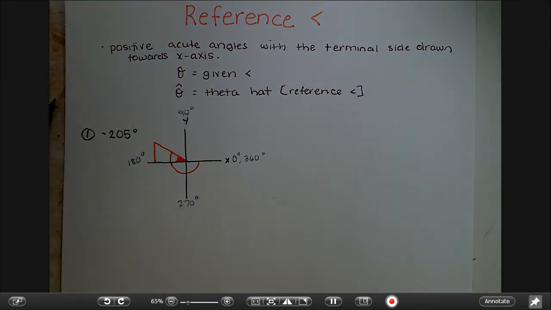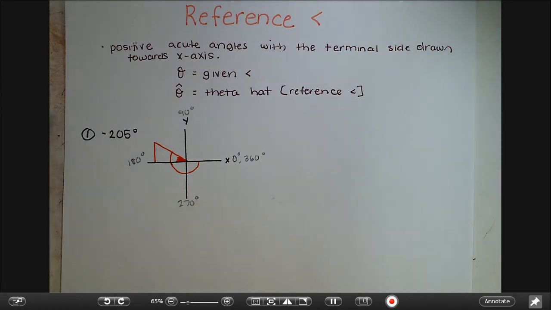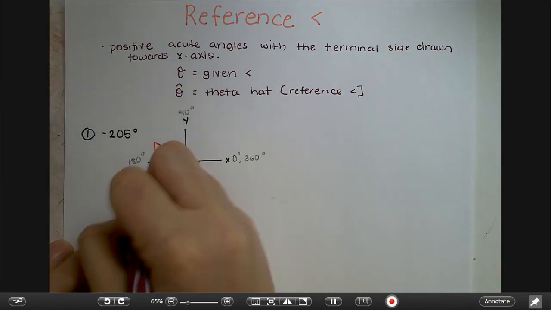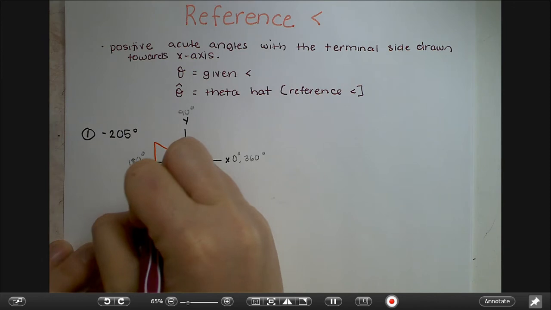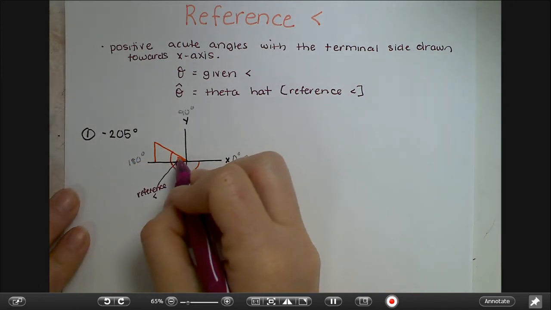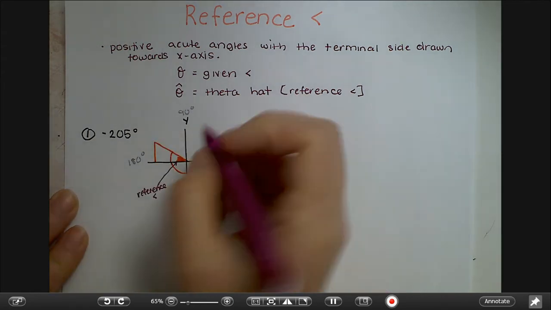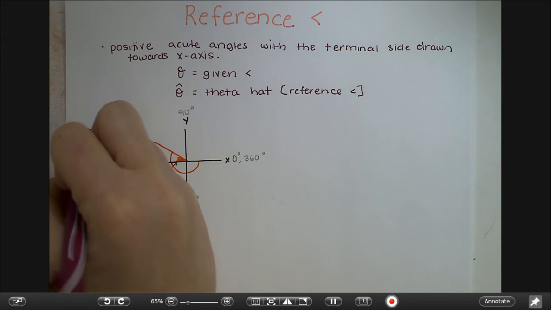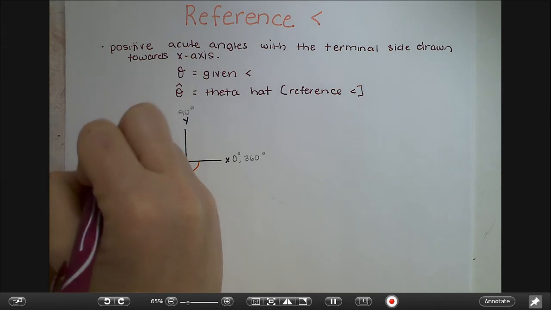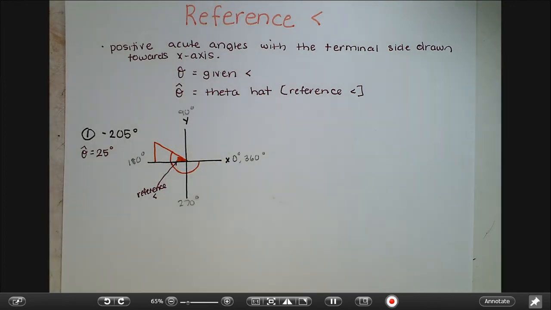Sometimes it's going to drop up. That angle right there is the reference angle. And as we said, it was 25 degrees more than 180. So the reference angle, we're going to call it theta hat, is going to be 25 degrees. So it's 25 degrees more than 180.